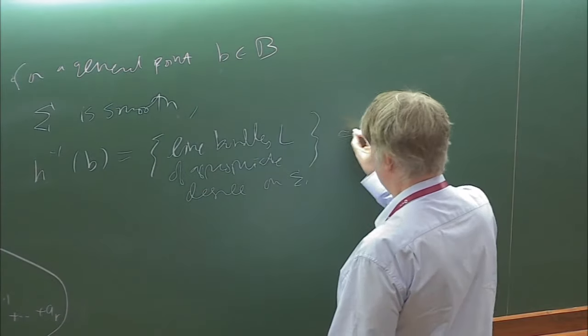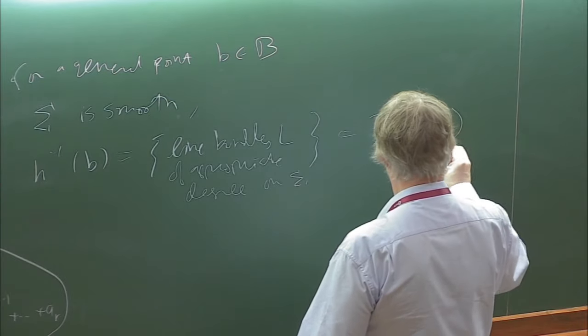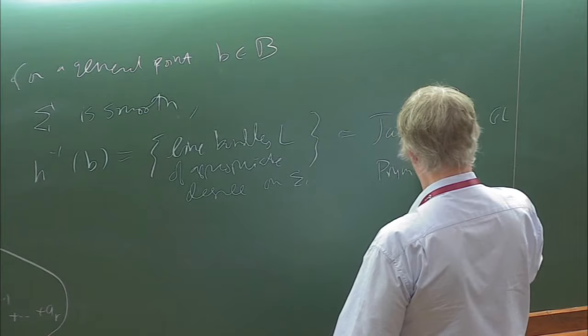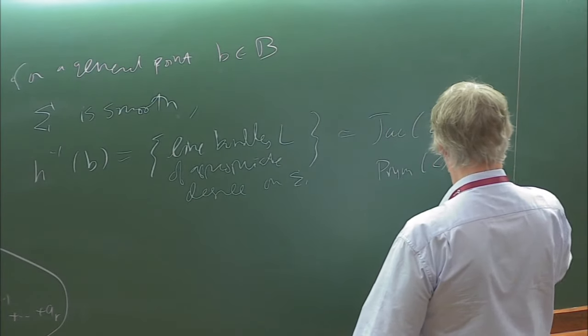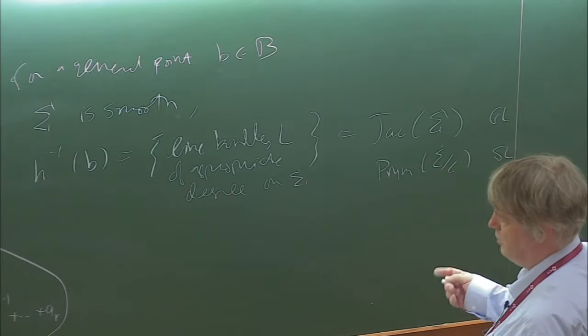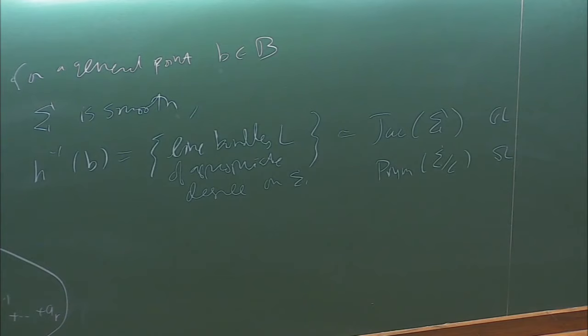So it's isomorphic to the Jacobian of sigma. That's in the case of GL, or some kind of Prym variety in the case of SL. When you actually do the case of the group SL, you're fixing the determinant. If you think about it a little bit, fixing the determinant means that the determinant of the pushforward is fixed.